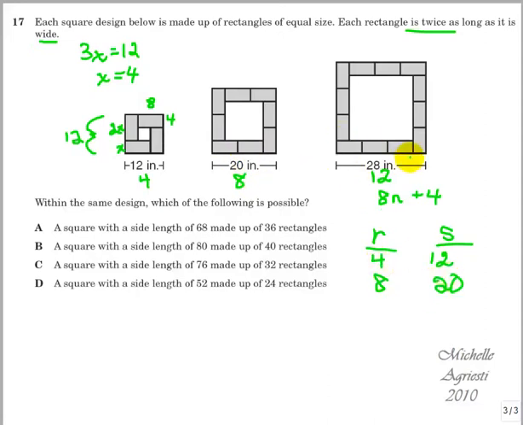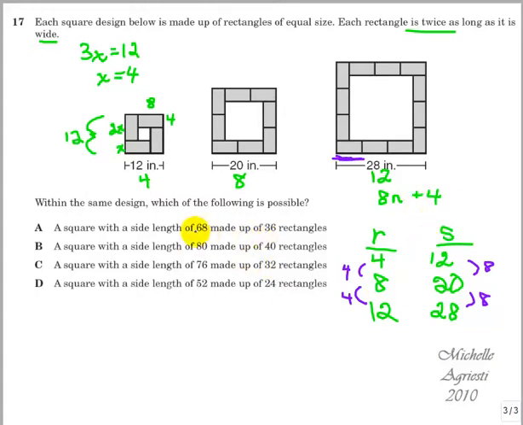And with 12 rectangles, I have a side length of 28. So this increases by 4 each time, 1 rectangle per side, and this increases by 8 each time, which is the long side of one of the rectangles.